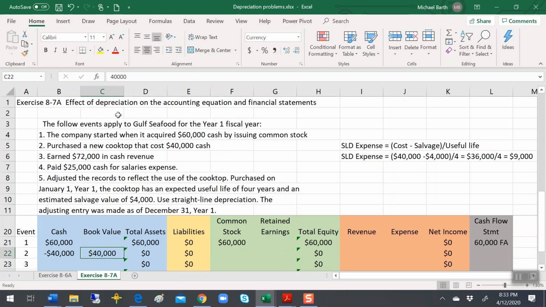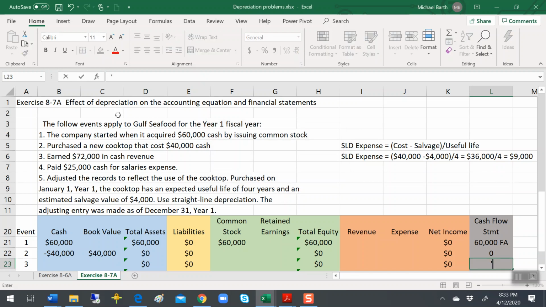It really didn't affect liabilities, common stock, equity, revenue, or anything else, because we just switched from the cash in the checking account into an asset called a cooktop that has a book value of $40,000. There was a cash flow, though, and that is negative $40,000 out the door, and that went into an investing activity.